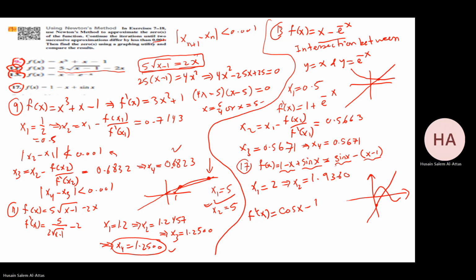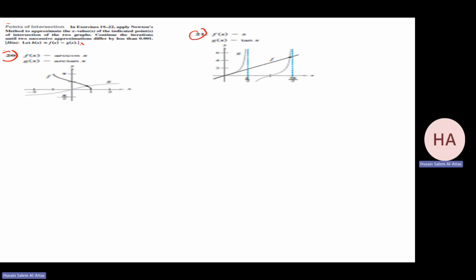So plug it, x2 is this, x3 equal 1.9346, and x4 is the same, 1.9346. We'll stop there.